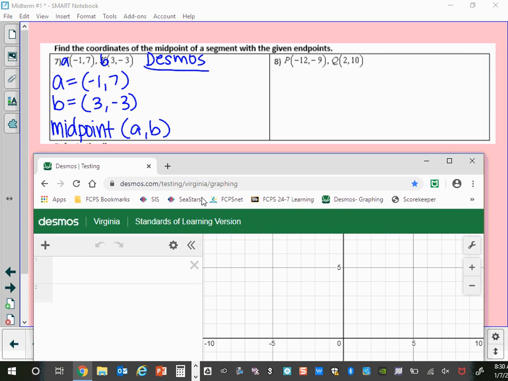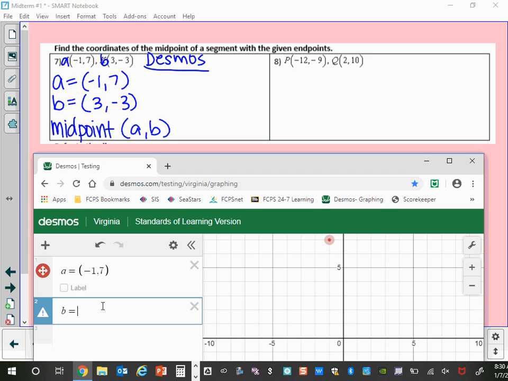All right, so in Desmos, in my first line, what do I write? A equals parentheses -1, 7. Guys, the only way that Desmos is going to work is if you actually learn how to use it. If not, you're not going to know what's going on.